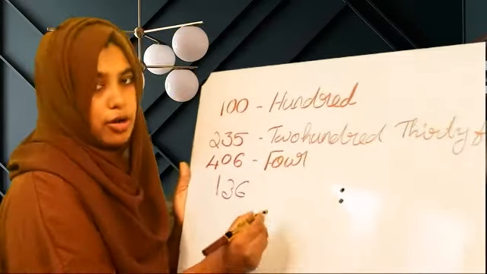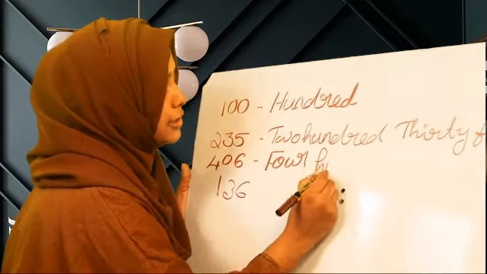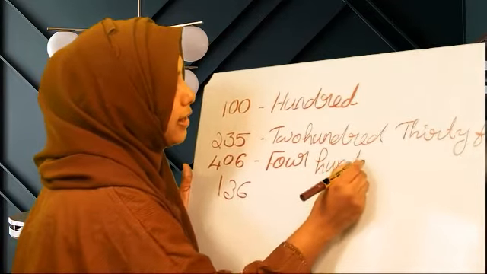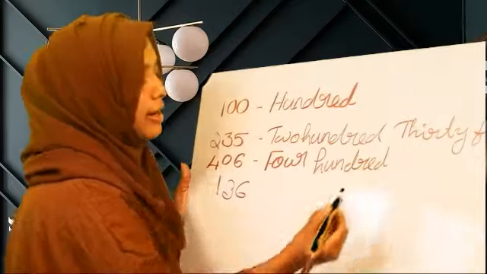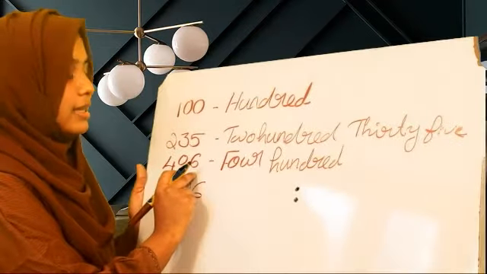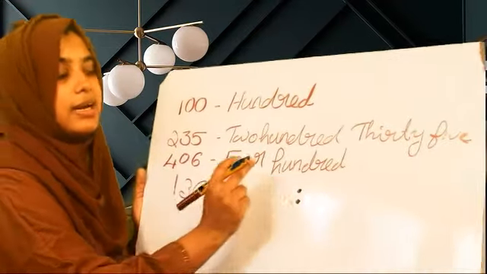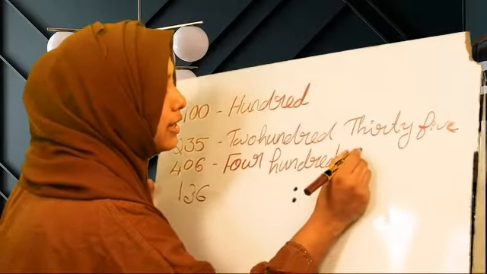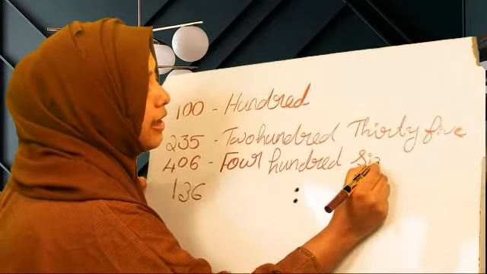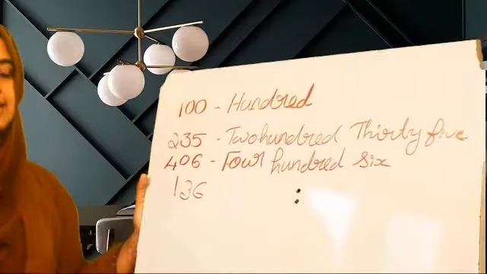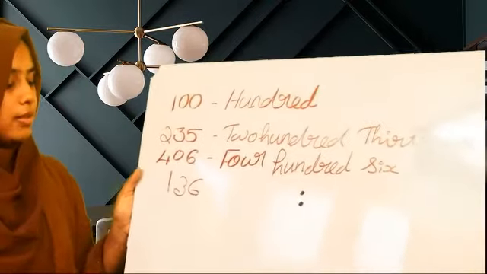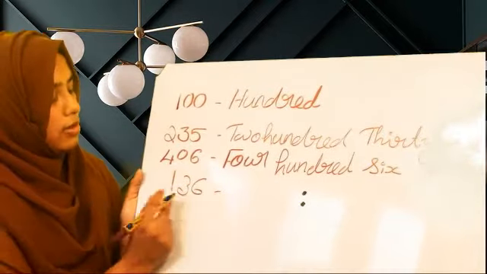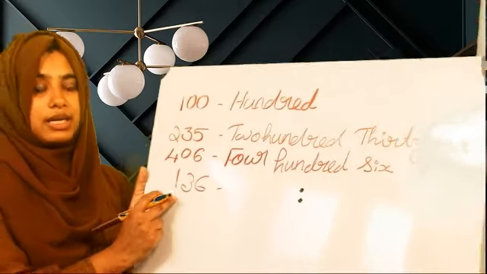F-O-U-R, 4, H-U-N-D-R-E-D, 100. Then 6, no tens here, so we write 6: S-I-X, 6.